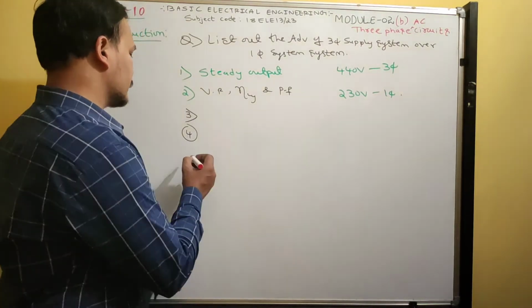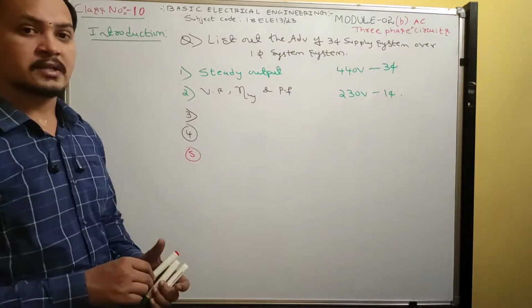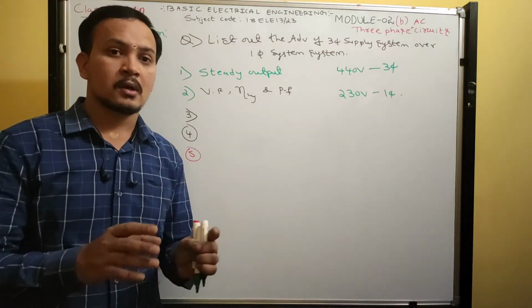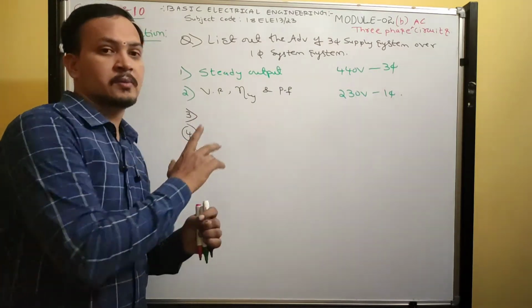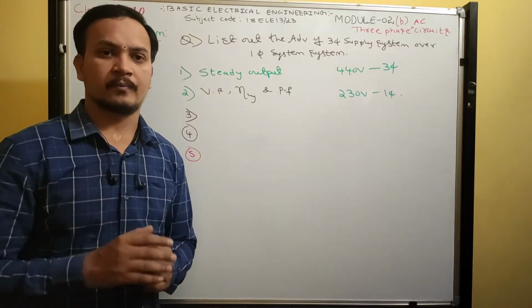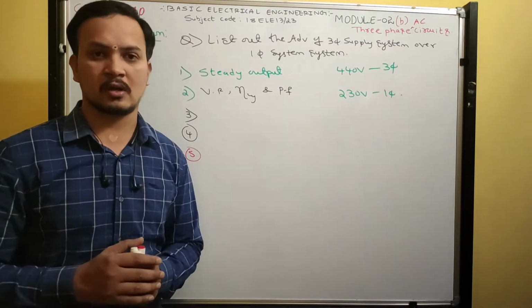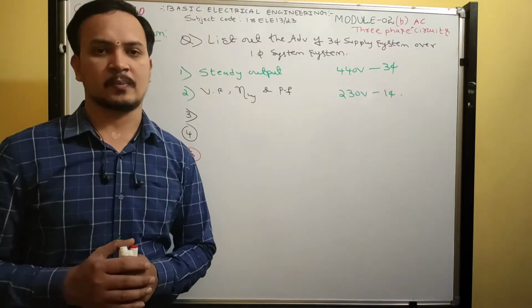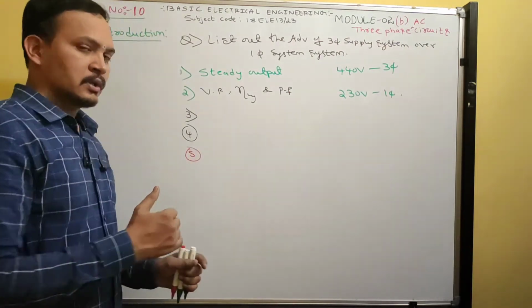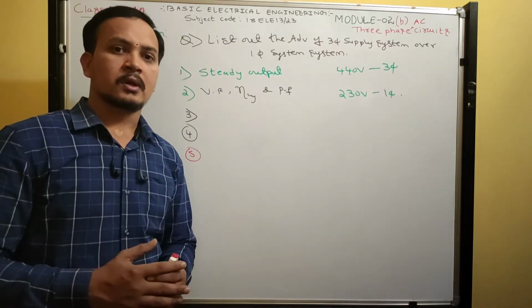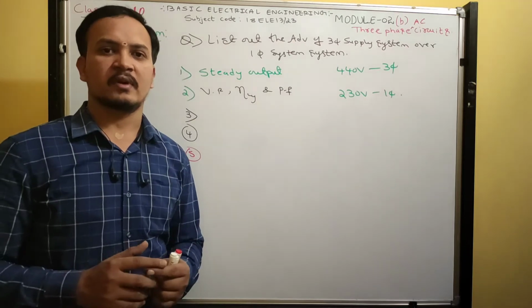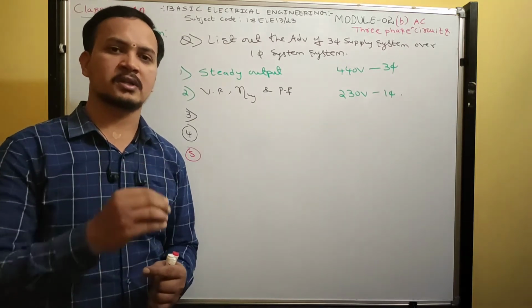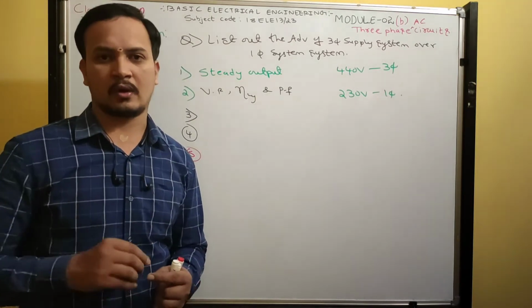Another one is that the three-phase supply system gives constant power, whereas the single-phase supply system gives pulsating power, which is called double frequency components. And one more is that the three-phase supply system gives constant torque in motors, whereas single-phase motors give pulsating torque.